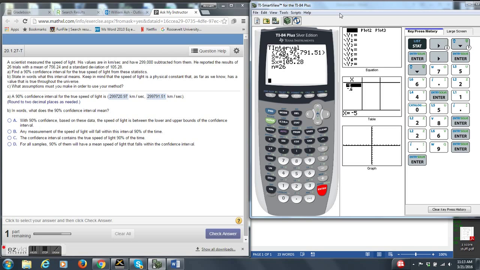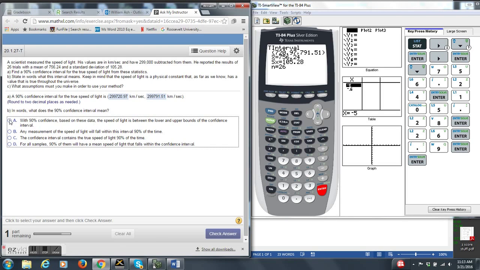The other thing I'm more concerned about, again, is exactly what this means. With 90% confidence, the speed of light is between the upper and lower bounds. Okay, that's exactly what we said. But more interestingly, any measurement of the speed of light will fall within this 90% of the time. And that's not what it says, right? Again, what it's saying is if I kept making all these intervals, 90% of the intervals would capture the true mean.